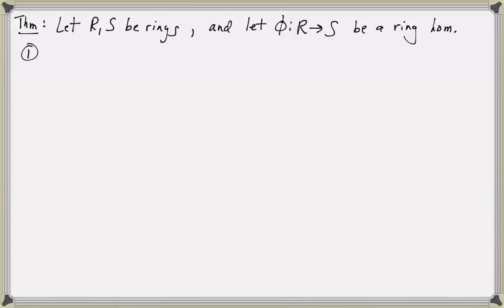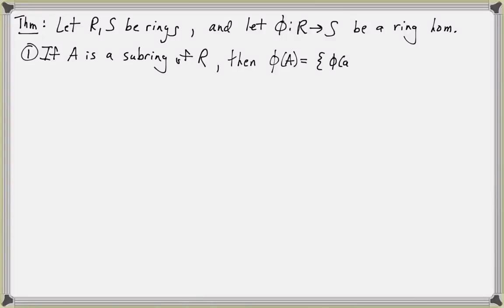First, we want to prove that if A is a subring of R, then the image of A is a subring of S. So phi of A, which by definition is the set of all phi of little a, where little a is an element of the subring A, is a subring of S. So we see that a subring gets mapped to a subring under a ring homomorphism.